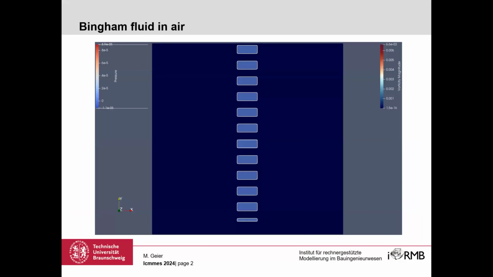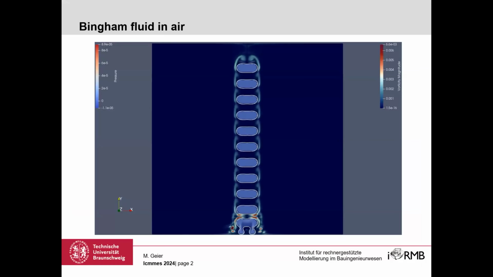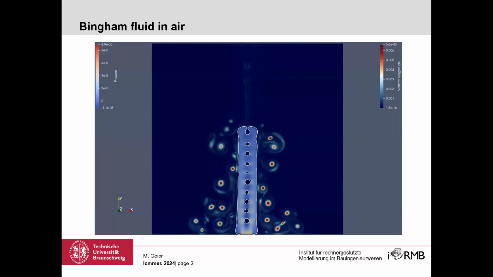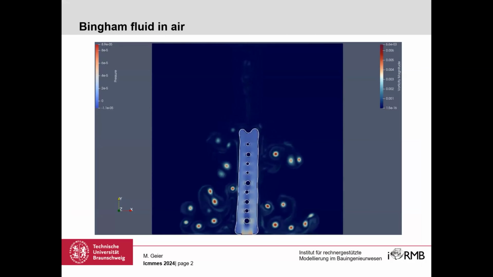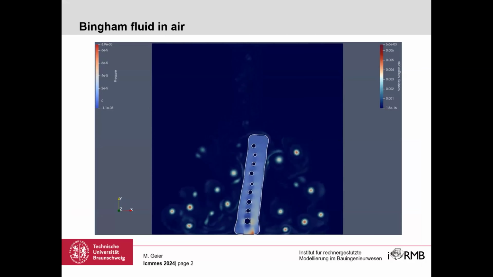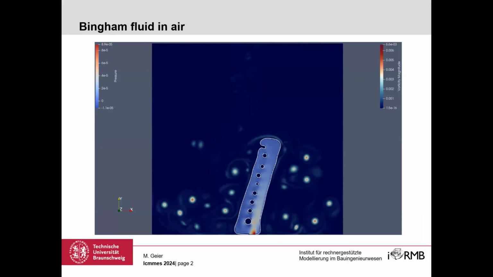So the motivation for what we are talking about is that we want to print concrete, which means we have fluids with a high density ratio and with a high viscosity ratio.